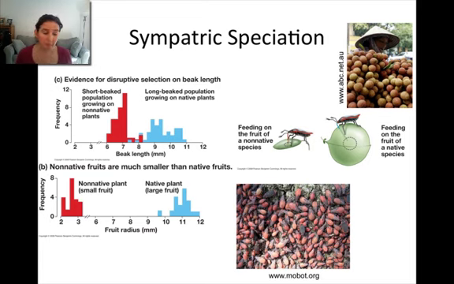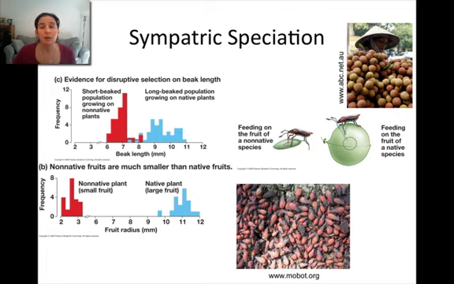So you started having shorter-beaked soapberry beetles feeding mostly on the invasive species, and longer-beaked beetles feeding on the larger fruits of the native species.